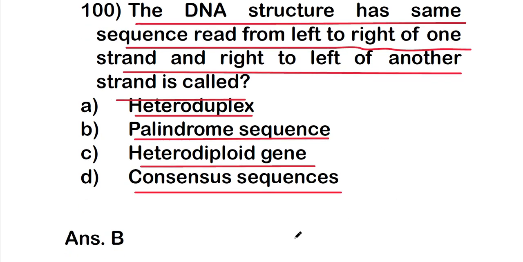The right one is option B, that is palindrome sequence. So the DNA structure has the same sequence read from left to right on one strand and right to left on the other strand, and both are the same. That type of sequence is known as a palindromic sequence.